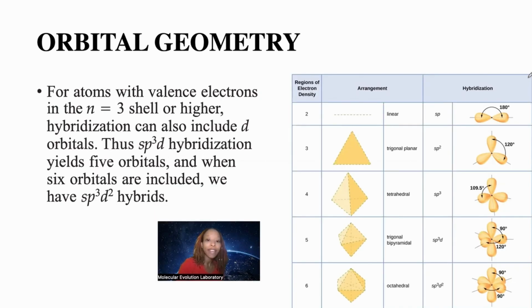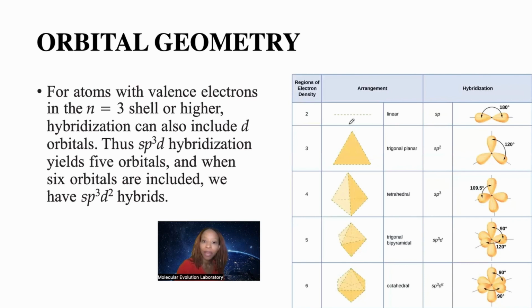For atoms with valence electrons in the n3 shell or higher, hybridization can also include d orbitals. Thus, sp3d hybridization yields 5 orbitals, and when 6 orbitals are included, we have sp3d2 hybrids. So the orbital geometry can have different alignment.